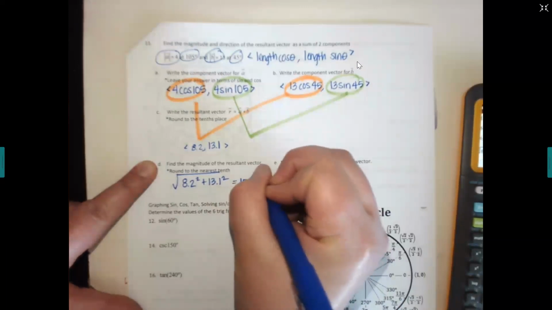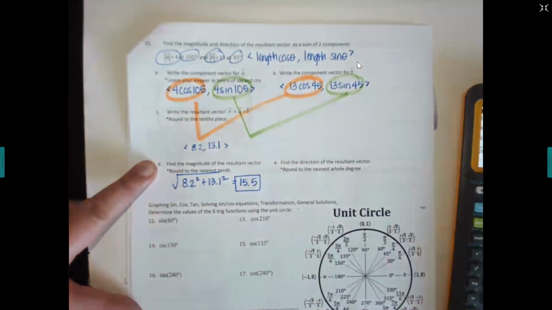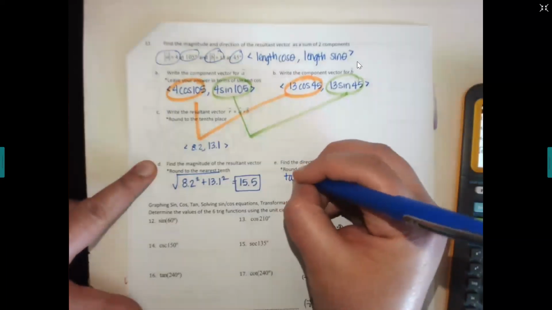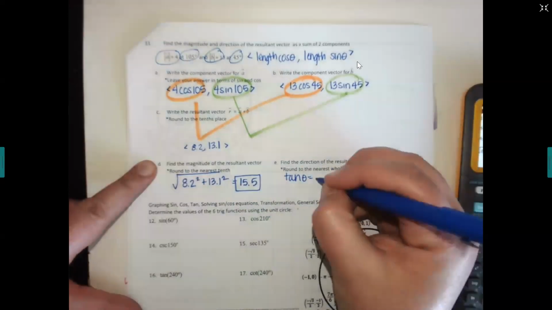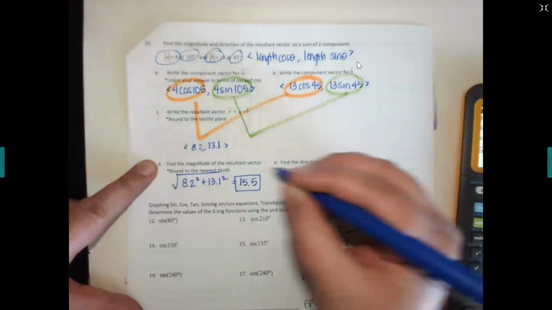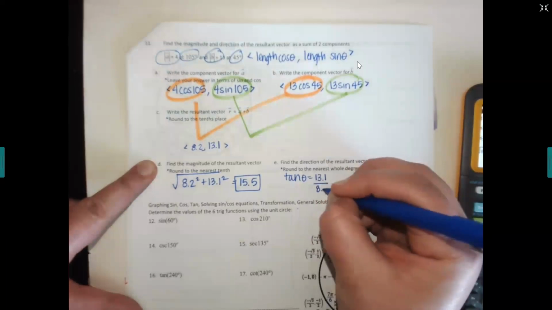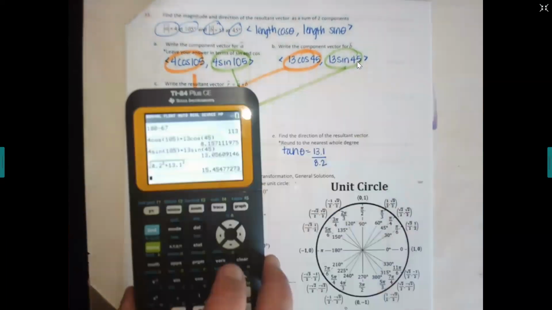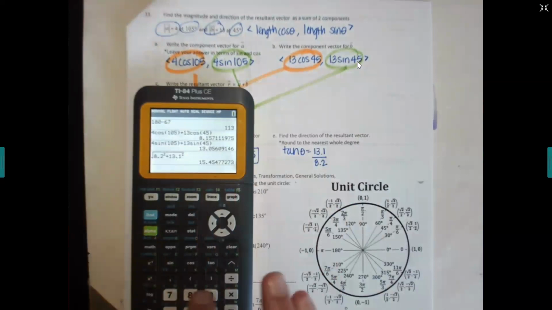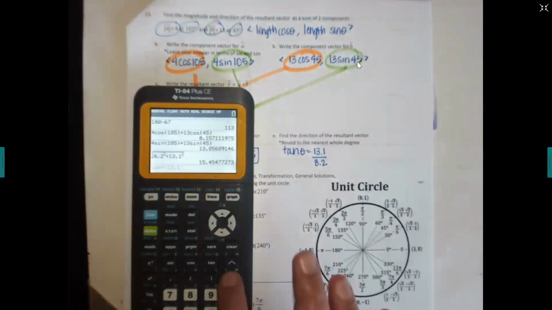Okay, that would be how long the vector is. Okay, then to do the direction, remember it would be tan theta equals y over x. So 13.1 over my x with an 8.2. And then remember that when you type it in, you're using the inverse tan to know the angle. So it'd be second tan 13.1 over 8.2.